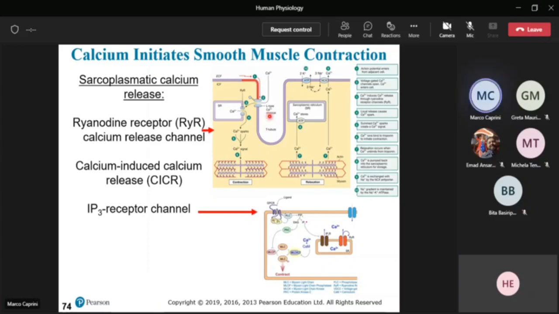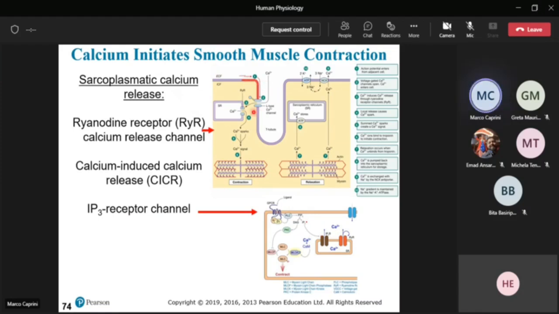I put here the T-tubule, but we are not in the case of the T-tubule, okay? Because we are in the smooth muscle cell. An action potential that arrives here depolarizes the cell.